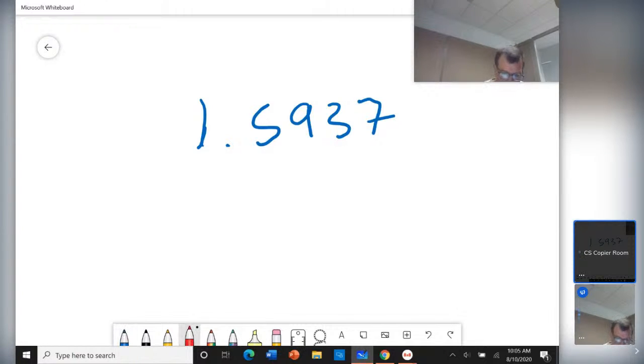So we're going to look at this one and this one, and we're going to cross off these 2 because it's just asking you the nearest tenth. If we look at the hundredths place right here, that's a 9. By our rule, 9 is greater than 5, so we're going to round up. It's going to make that 5 a 6.